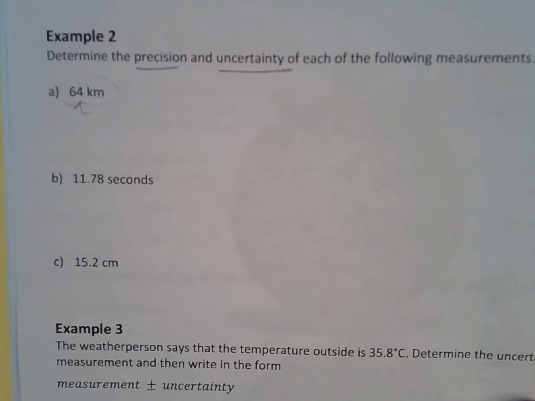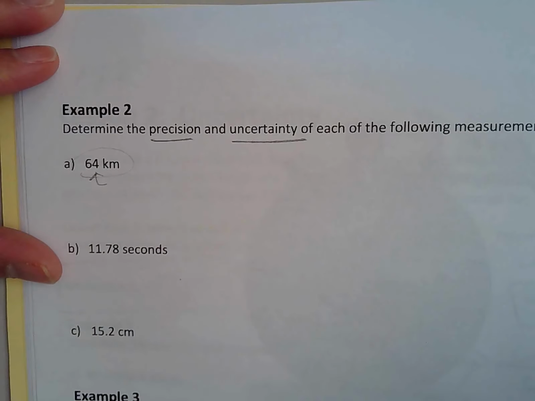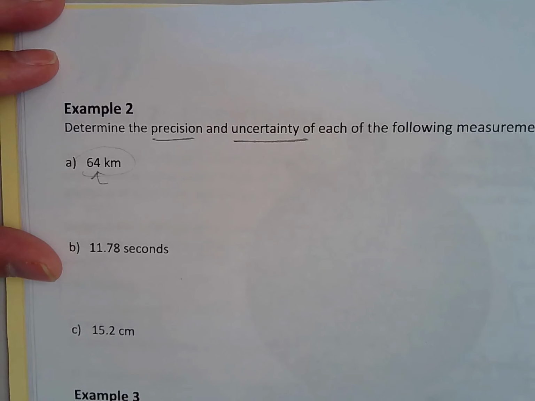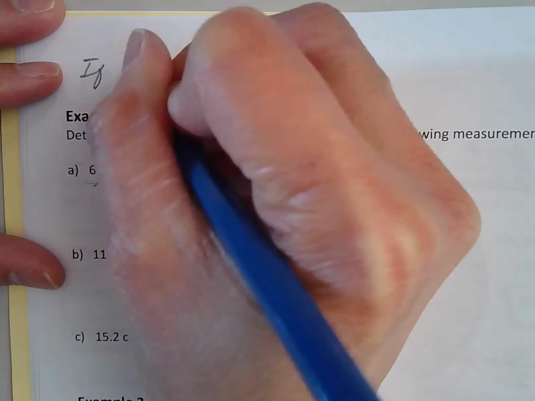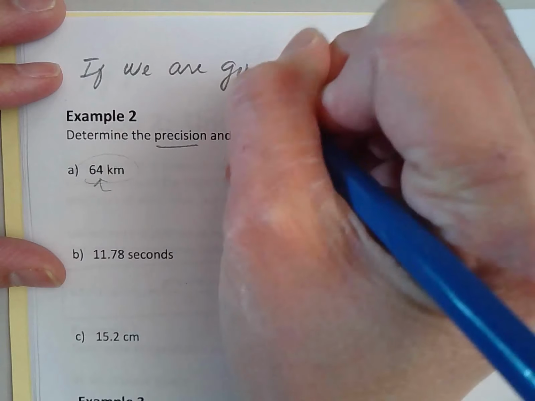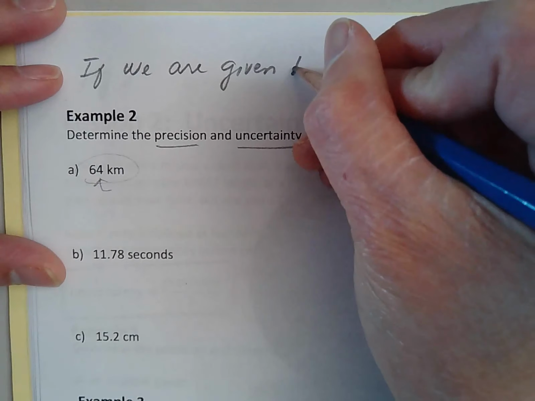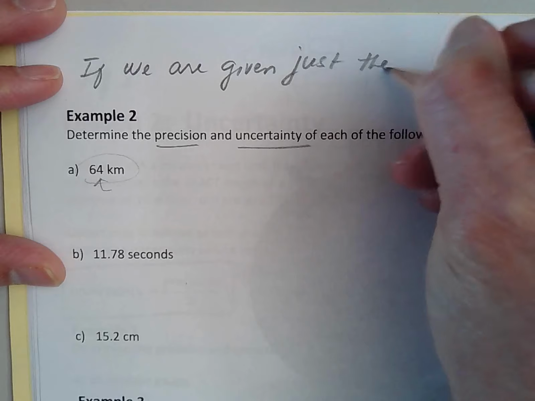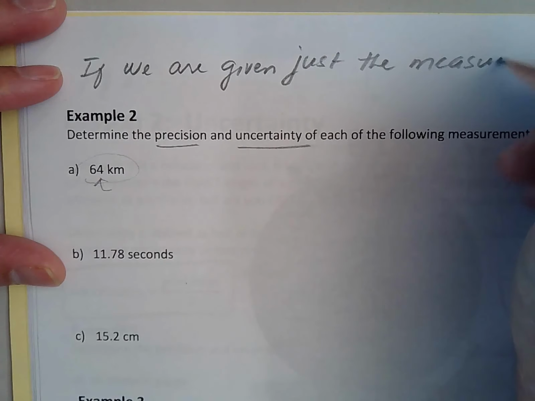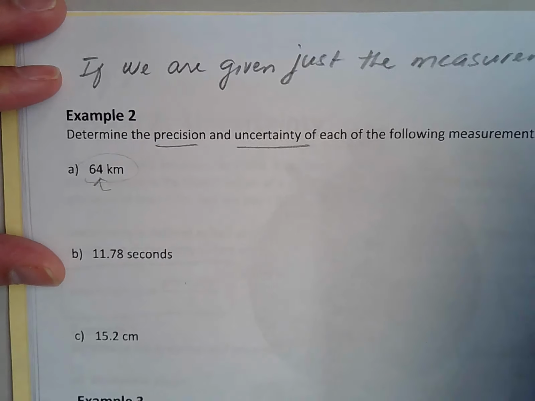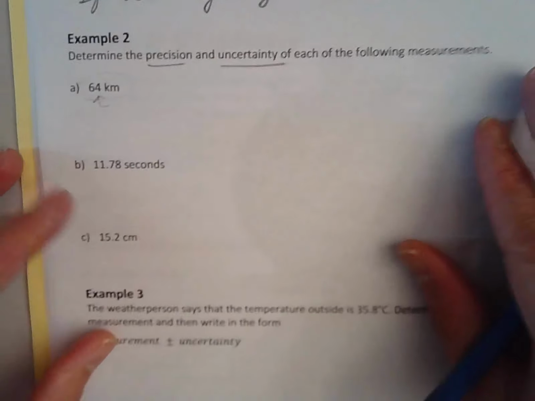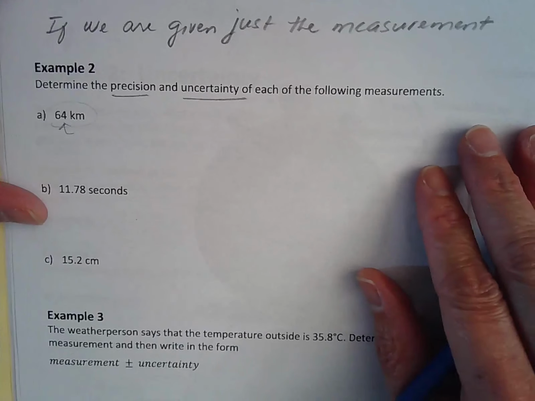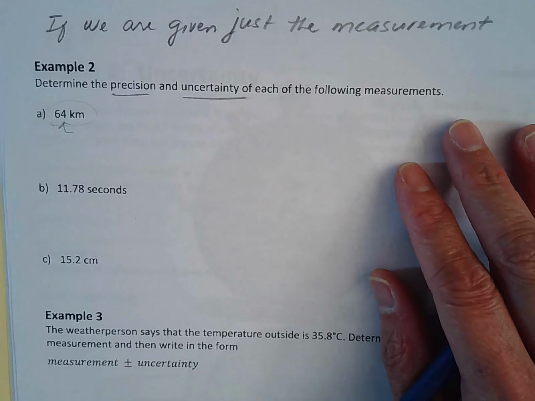And you look at, in this case, if we are given just the measurement, I'll just write it down. If we are given just the measurement, we don't know what the device looks like, right? We don't know how they measured it.